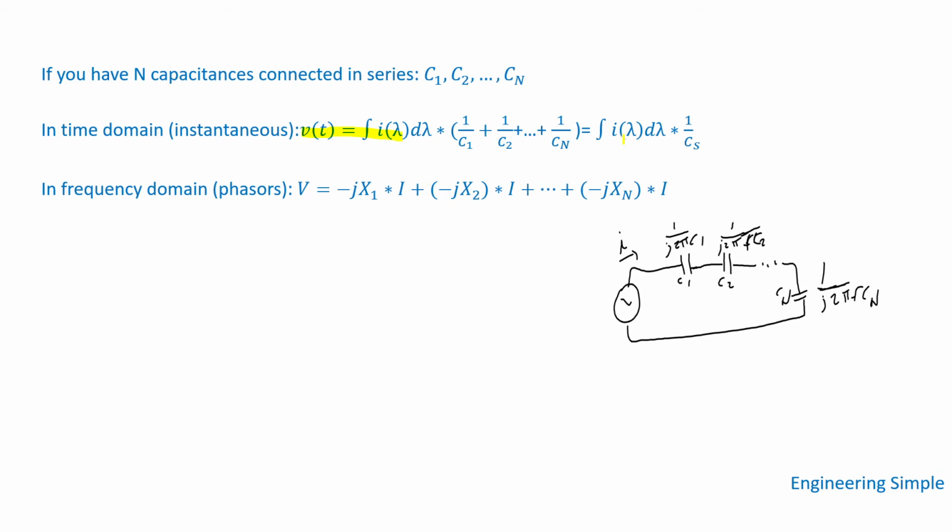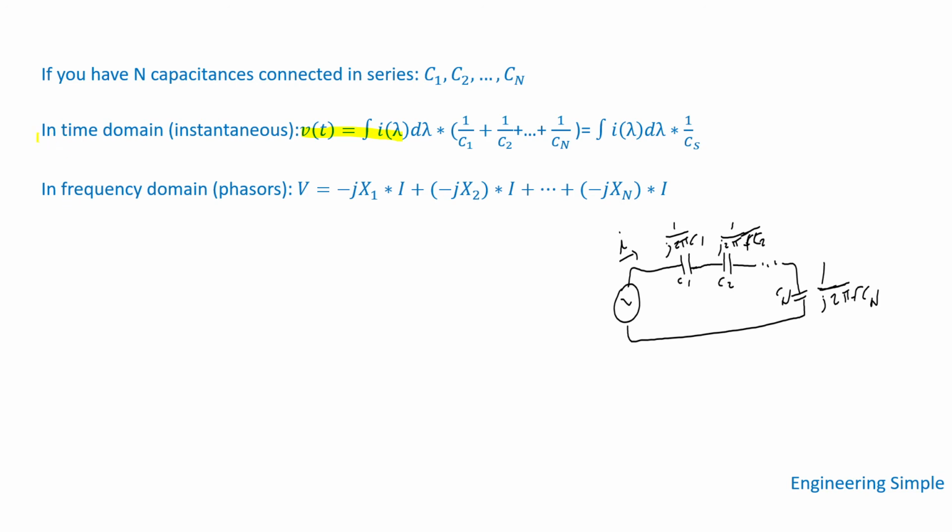So that's in time domain. But in time domain, you are dealing with integration, and if you are doing current, you will be dealing with derivatives. And as I said, engineers typically don't like to deal with integration and derivatives. So that's why phasors are a lot easier to deal with.